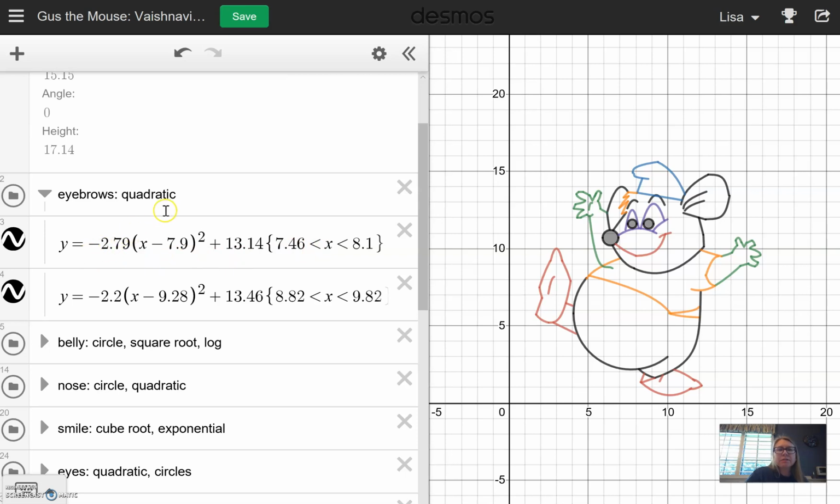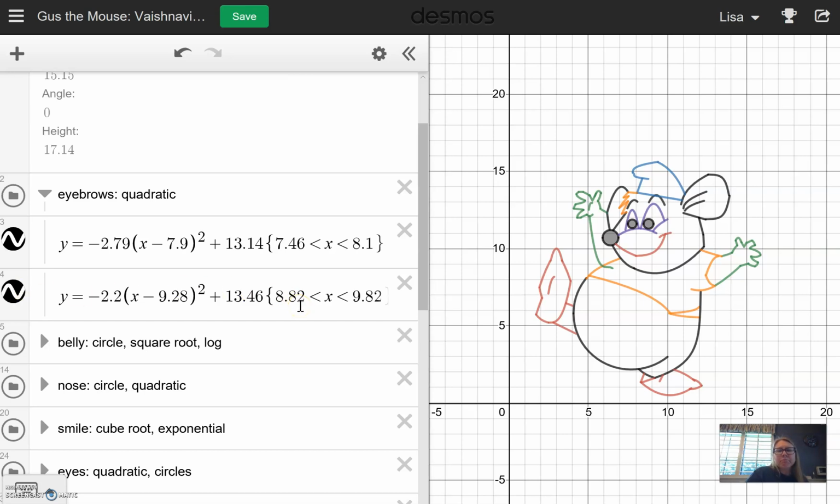It says that it's his eyebrows. So if I turn one of these off, one of the eyebrows is going to disappear. See? Yep, the one on his right eye, from our viewpoint our right, is gone, and then I turn it back on and it comes back.